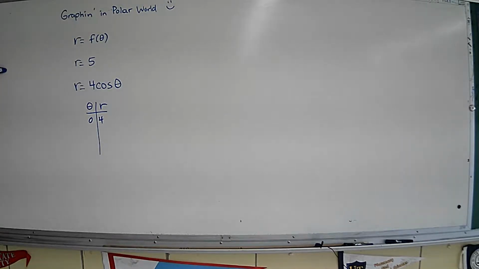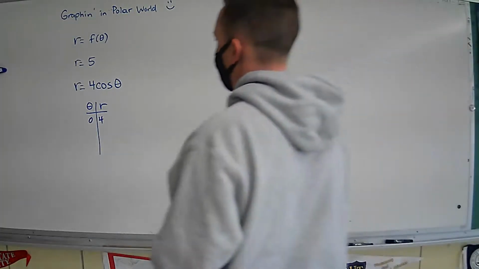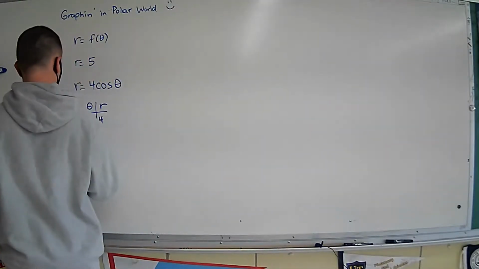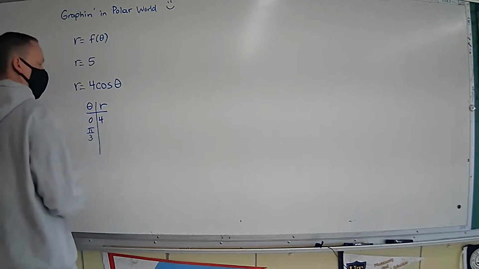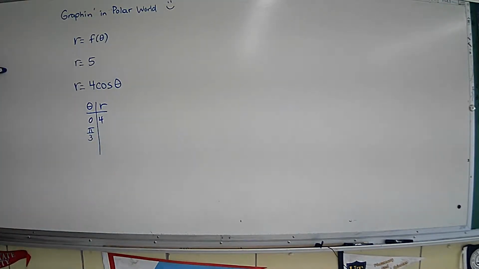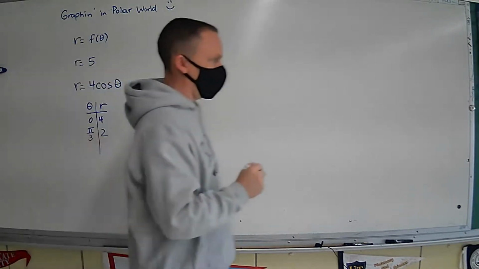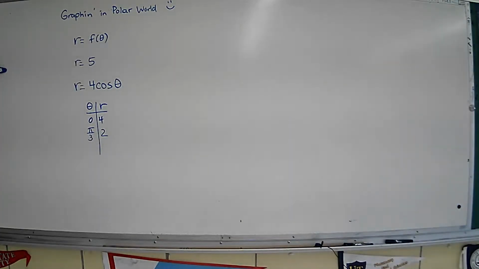What about when theta equals pi over 3? What's the cosine of pi over 3? 1/2 times 4. So when theta equals pi over 3, r is 2.